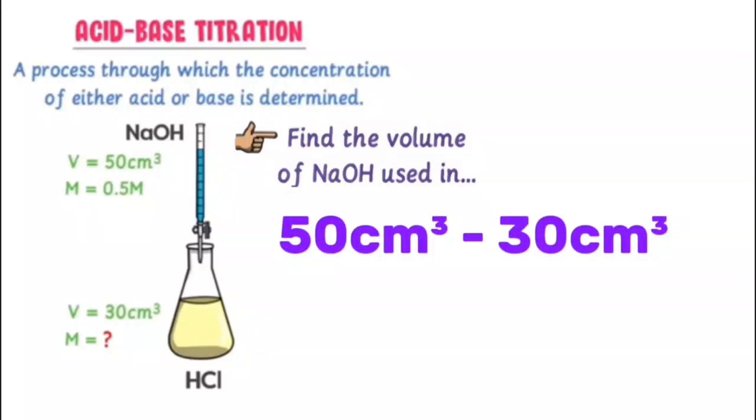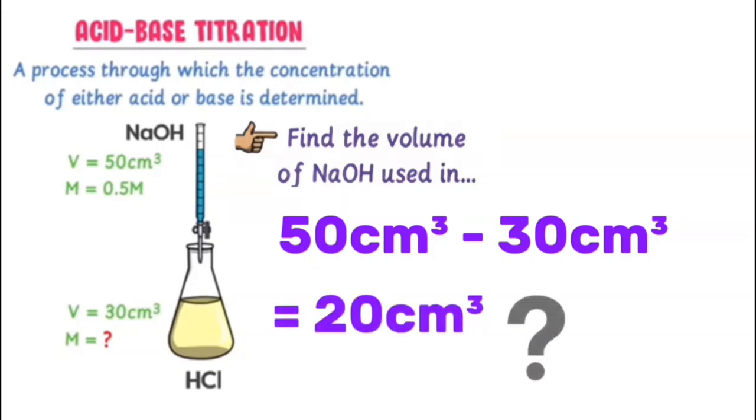I mean 50 cm3 minus 30 cm3. We get 20 cm3. What is meant by this 20 cm3? Well, this 20 cm3 means that 20 cm3 solution of sodium hydroxide reacts with 30 cm3 solution of HCl to neutralize it completely.